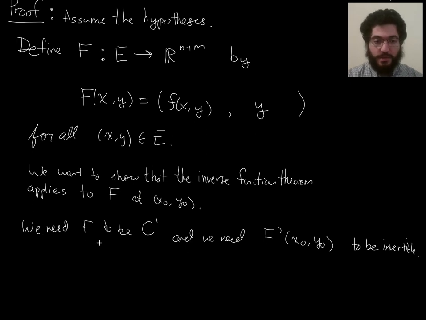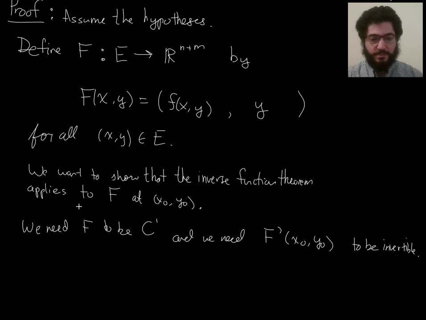And then what the inverse function theorem will tell us, well, it tells us a bunch of stuff, but roughly it tells us that near x naught, y naught, capital F is invertible. And then somehow we want to use our local inverse for capital F to describe x as a function of y, to describe these little x's as a function of little y.